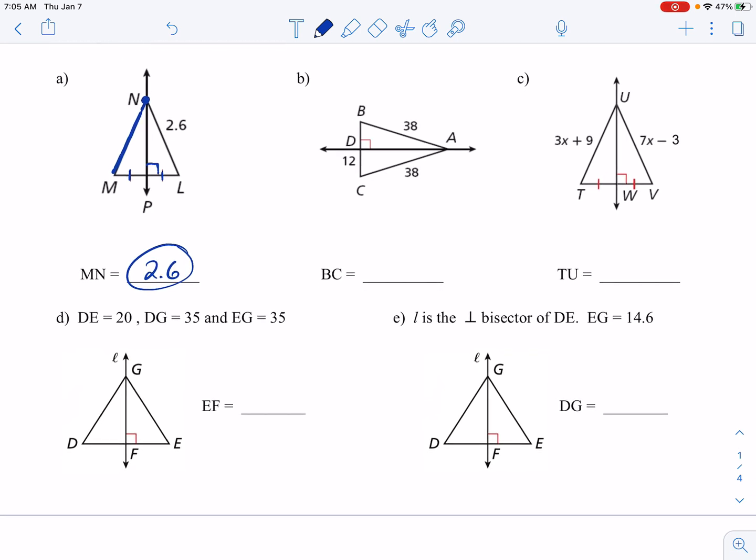All right, let's try D. DE is 20, DG is 35, and EG is 35. So this would be using the converse here. We want to find EF, this length right here. Hopefully you're able to notice that G is the same length to D as it is to E. They both have a length of 35, so they're both congruent.